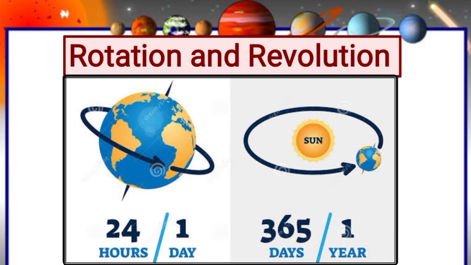So as earth rotates, it seems like the sun is moving across the sky, but it's really the earth that is rotating on its axis, and it takes 24 hours to complete one rotation, which is why there are 24 hours in one day.